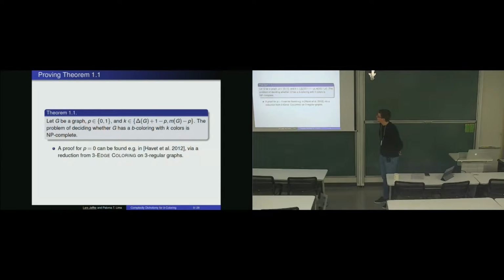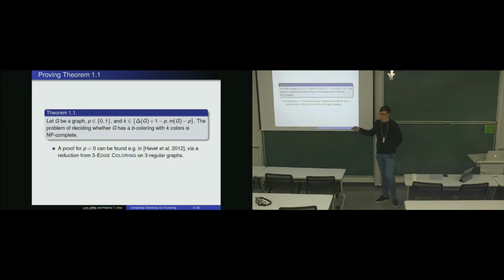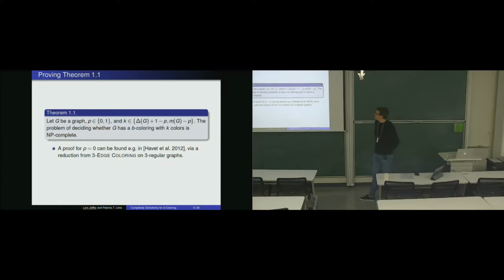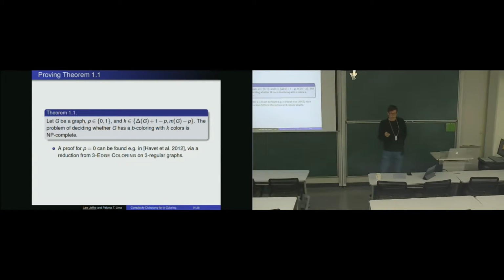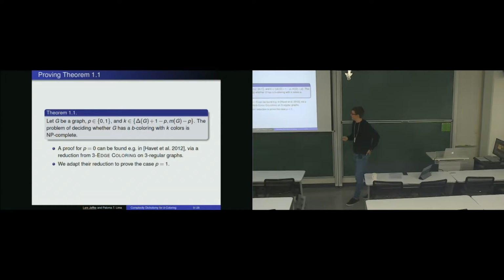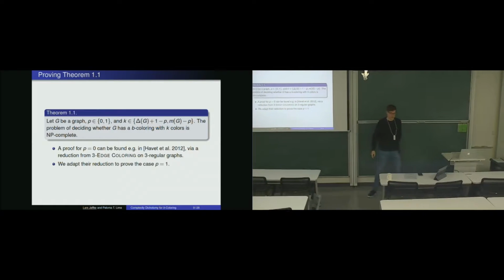There are several proofs for the case P equals 0, and there's one proof by Habe et al., and they show a reduction from 3 edge coloring on 3 regular graphs. I'm not going to show the details, but we basically just adapt their reduction and also manage to prove the case P equals 1.